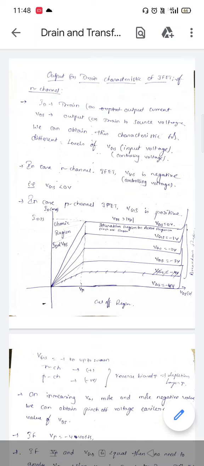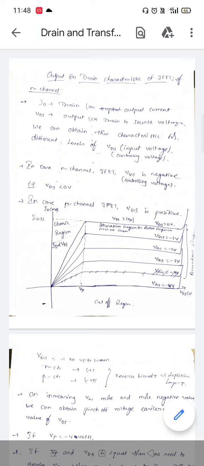We plan to plot the output current versus the input voltage, where the input voltage is VDS.